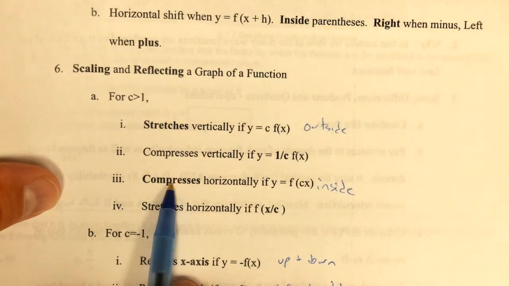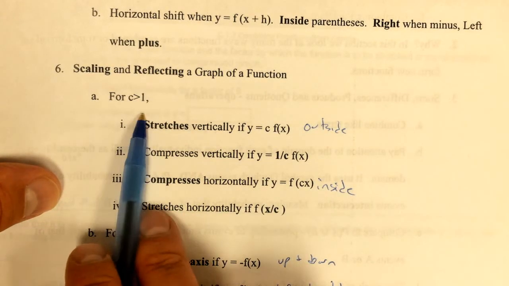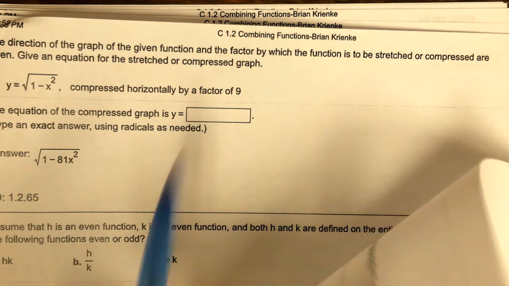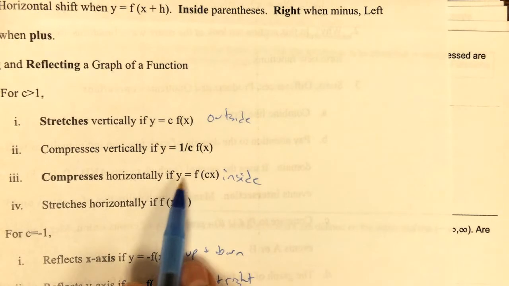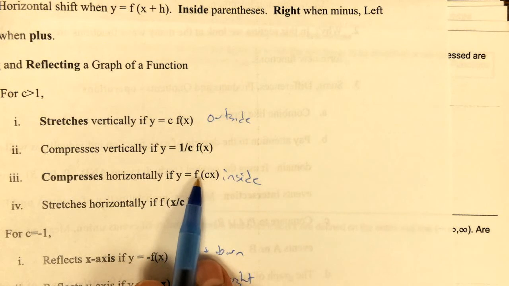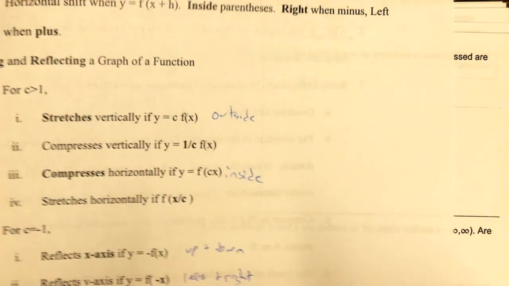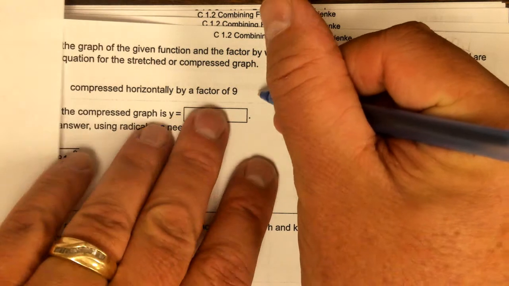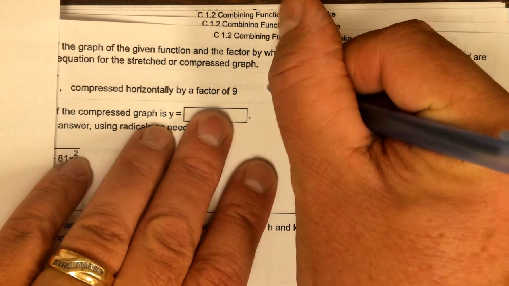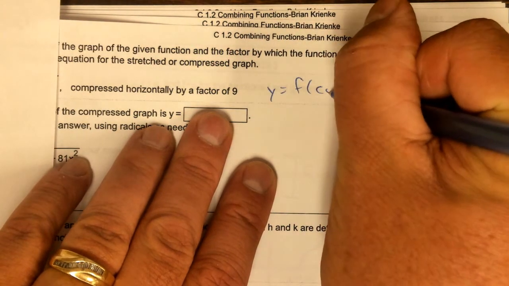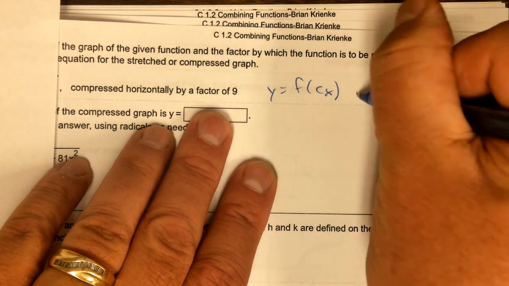Now if we look at our notes, it says compresses horizontally for c greater than 1, and 9 is greater than 1. It compresses horizontally if y equals f of cx. So we want y equals f of cx, which is inside.